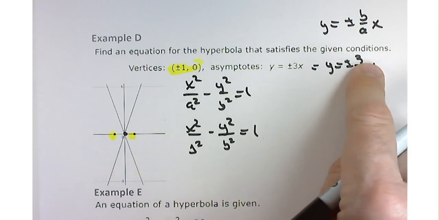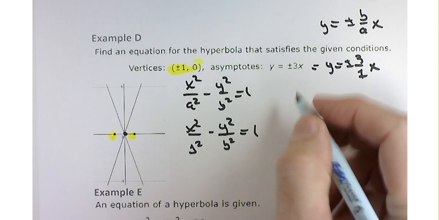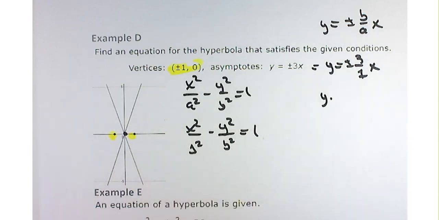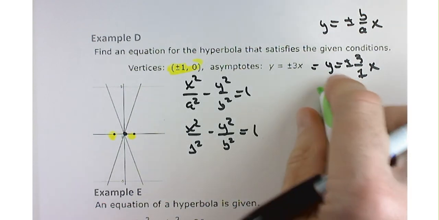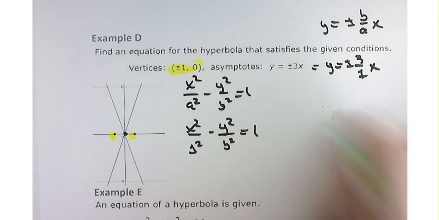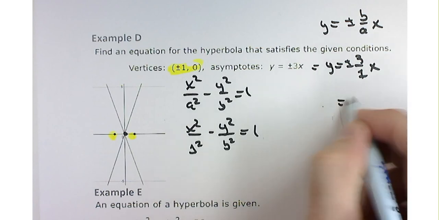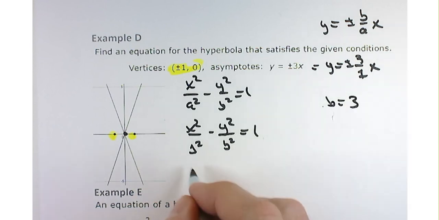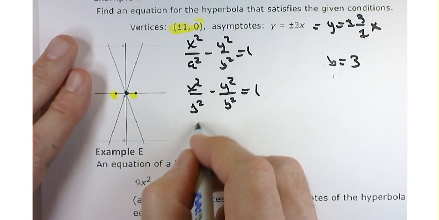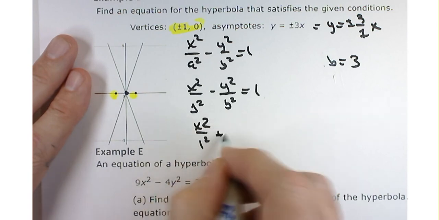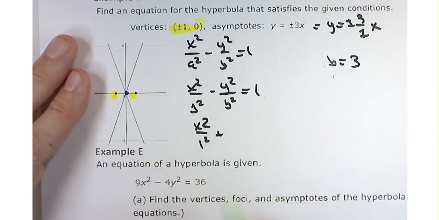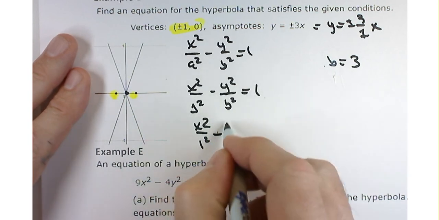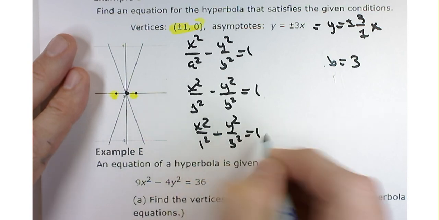So b equals 3. So my overall equation for this is going to be x squared over 1 squared minus y squared over 3 squared. And that's it.